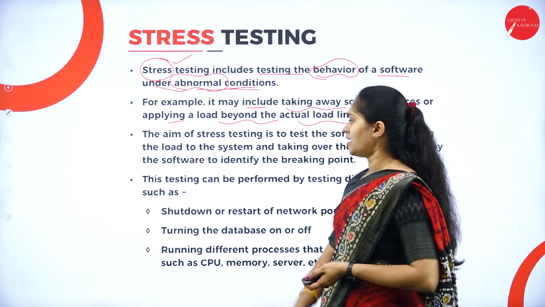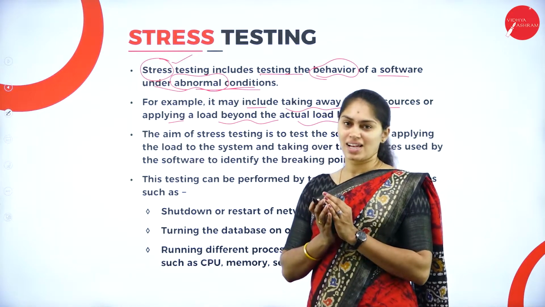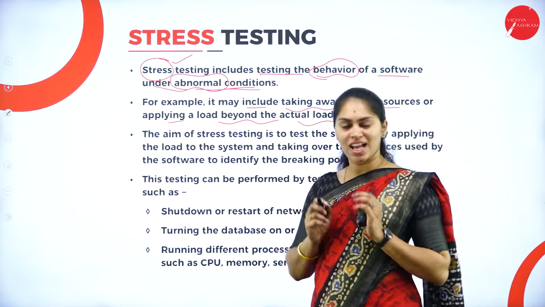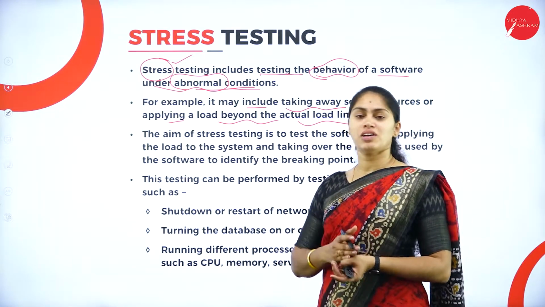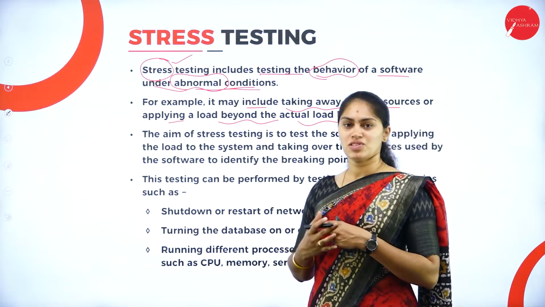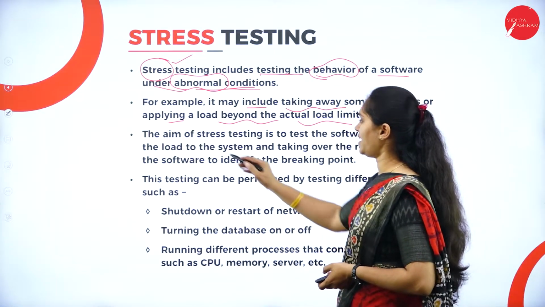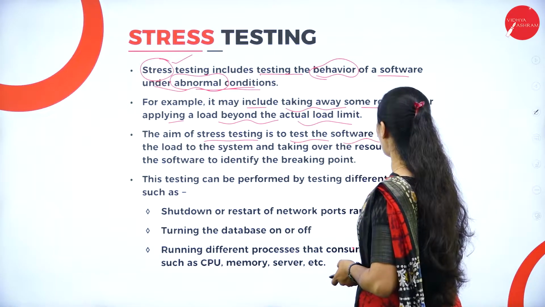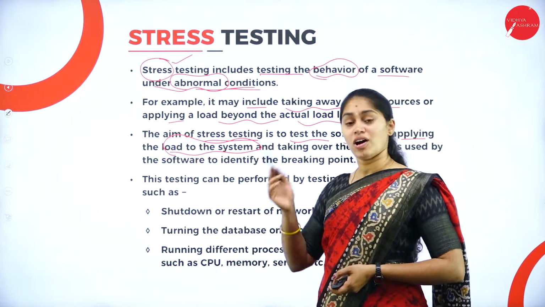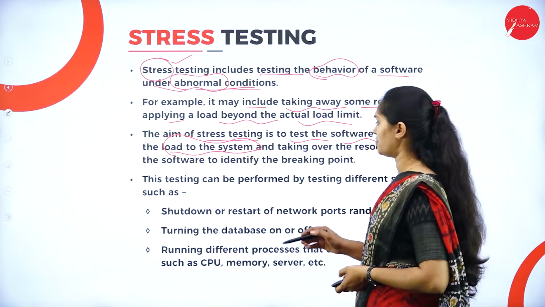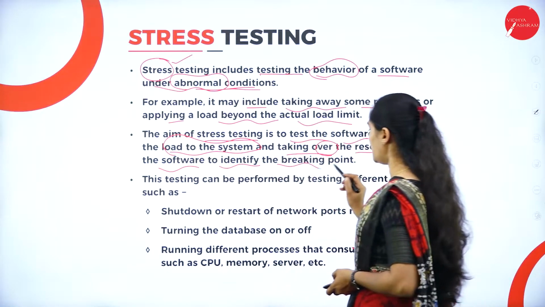And also the main aim of doing this stress testing is to check its potentiality. I have to get to know what the potentiality of a software is. If I give 20,000 numbers to add instead of 20 numbers, I check how it is able to manage that much load. The main aim of stress testing is to test the software by applying a load beyond the range of load to the particular software system and taking over the resources used by the software to identify the breaking point.